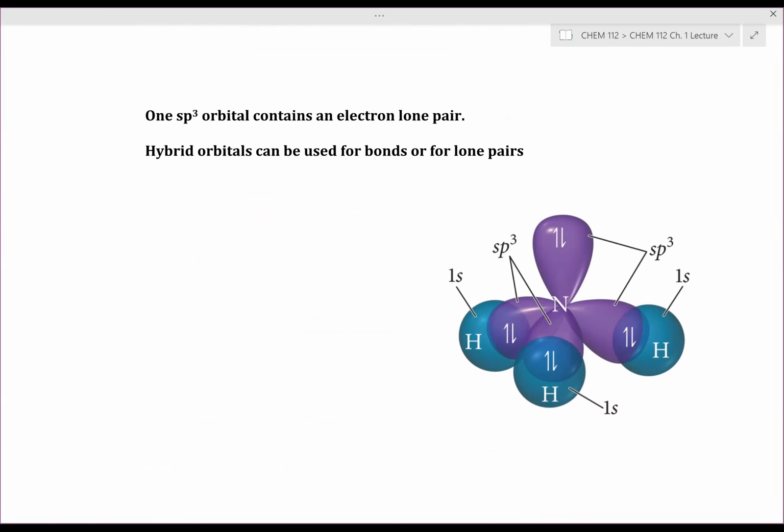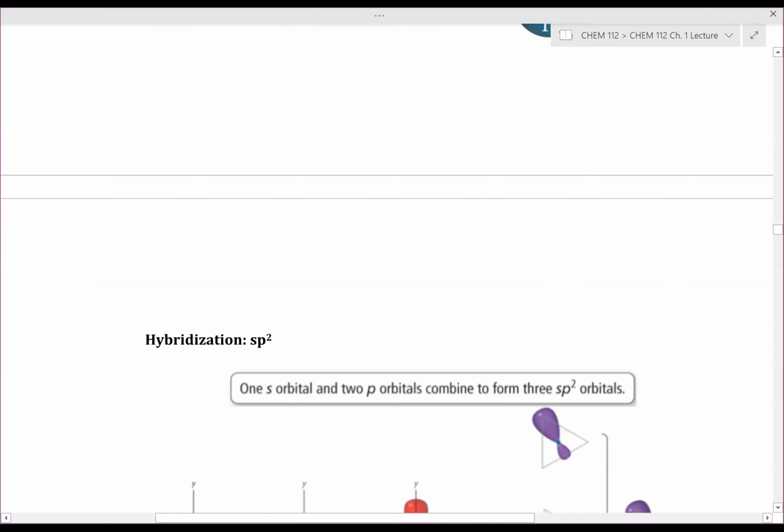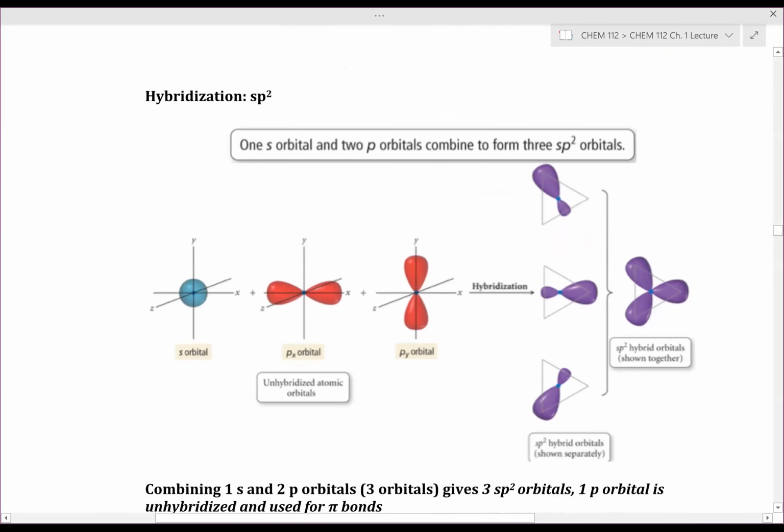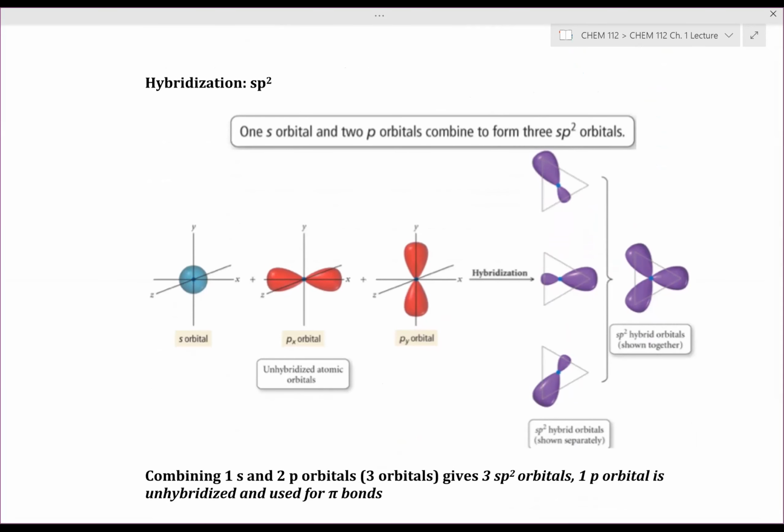So let's now discuss the next major hybridization, which is the sp2 hybridization. As its name implies, how many s orbitals are we mixing together? Just 1. So we're taking 1 s orbital. And how many total p orbitals are we combining? 2.